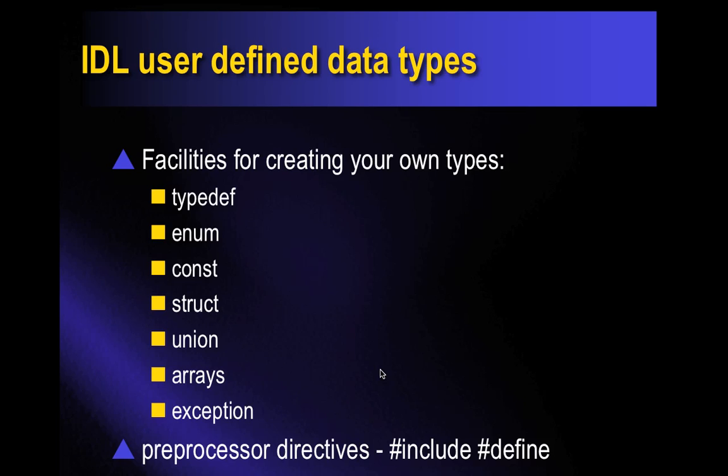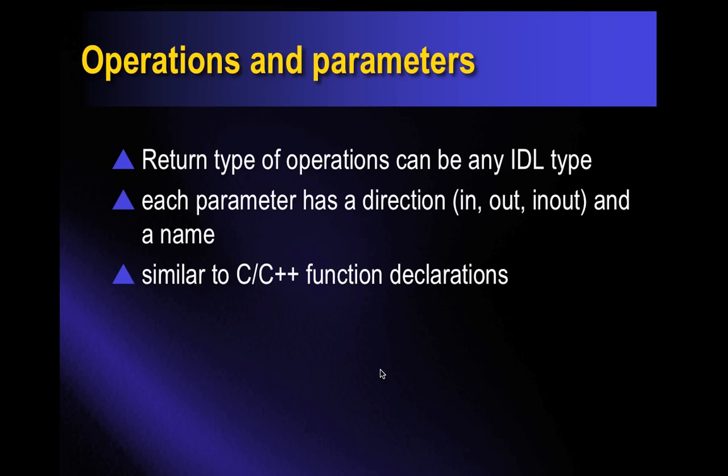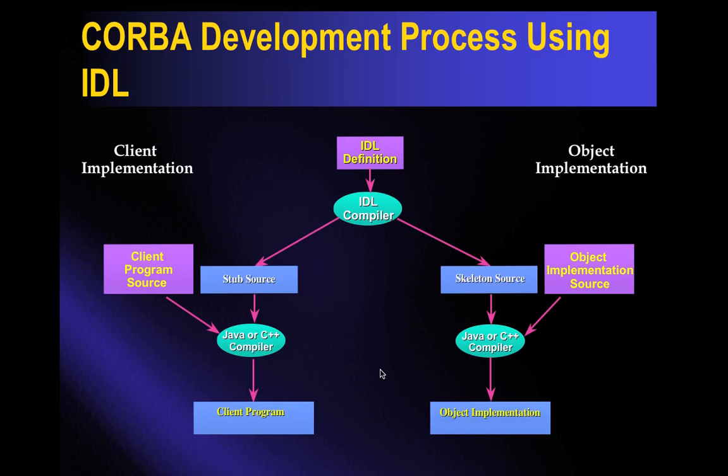Preprocessor directives, includes, defines. So you can see that the language interface supports probably the most popular, C++ and Java. Well, most of this is C++ actually. We don't have structures and unions in Java. Operations and parameters, return type. Operations, calls, the use of parameters, the in and the out, similar to C++ function declarations.